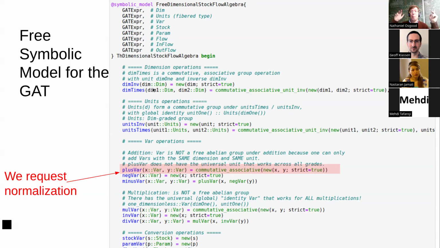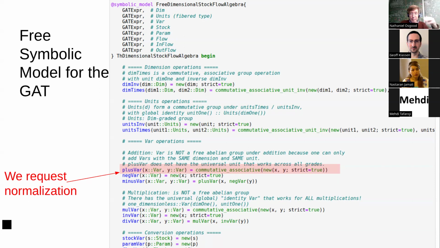The symbolic model is going to allow us to do things like multiply parameters without having any specific values for those parameters. We'll be able to talk about, like, the value of the I stock divided by mean recovery time. That is a formula, an expression, and it will have a unit associated with it.